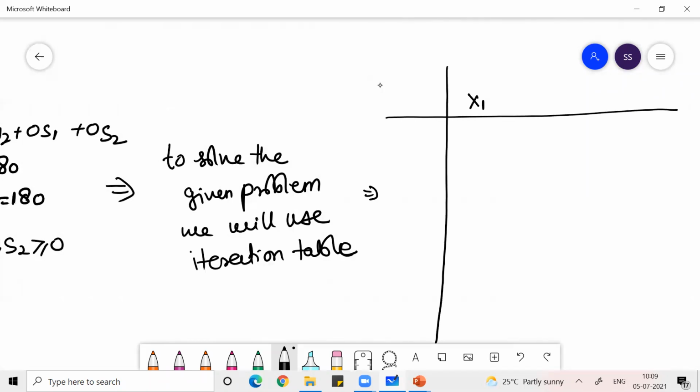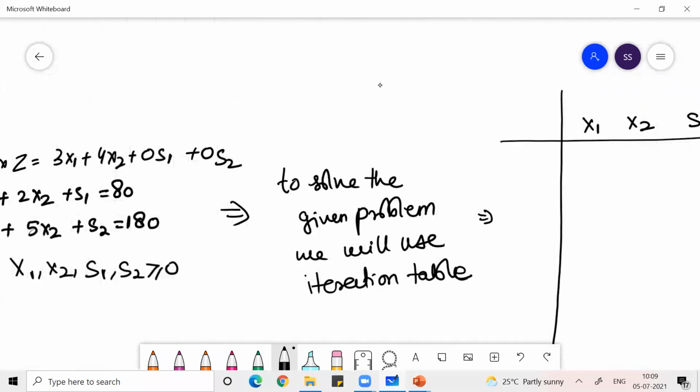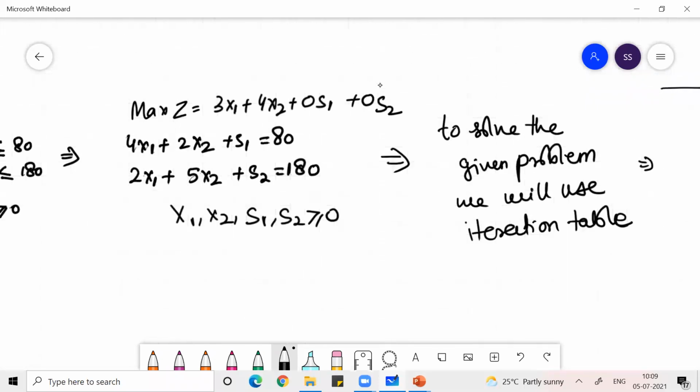Here I'll write x1, x2, s1, s2. So I have two decision variables, x1 and x2, and two slack variables, s1 and s2. See the objective function here. What is your objective function? See the coefficients of the objective function. The objective function coefficients are 3, 4, 0, 0.